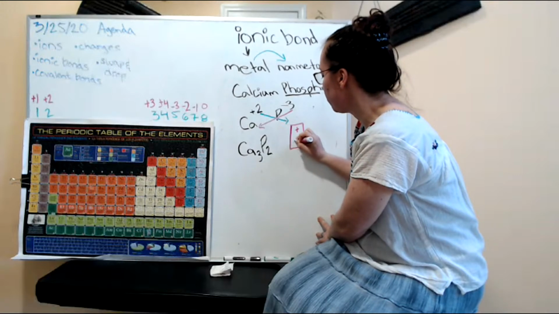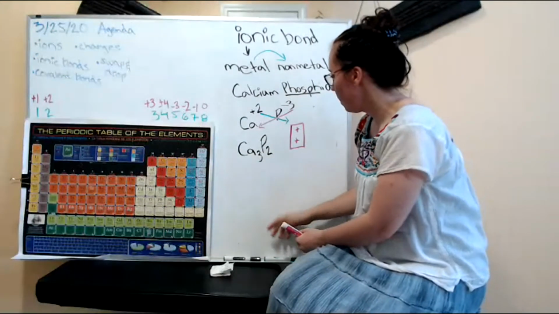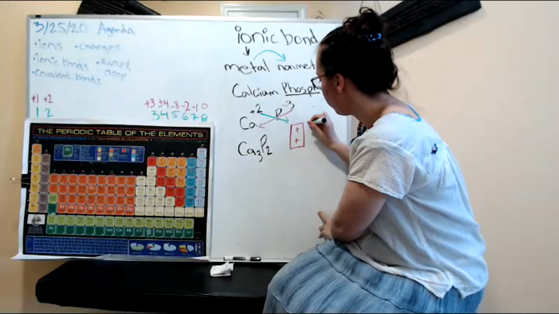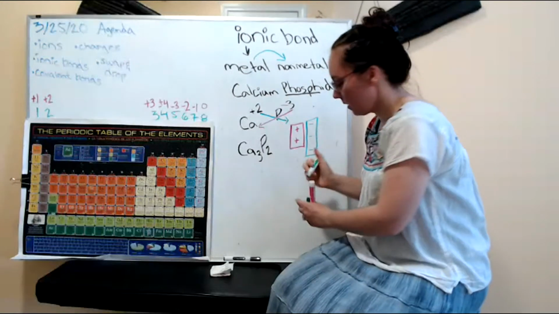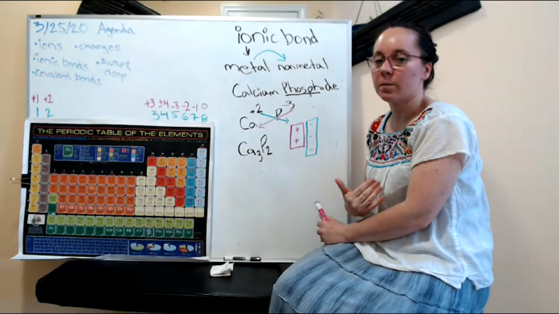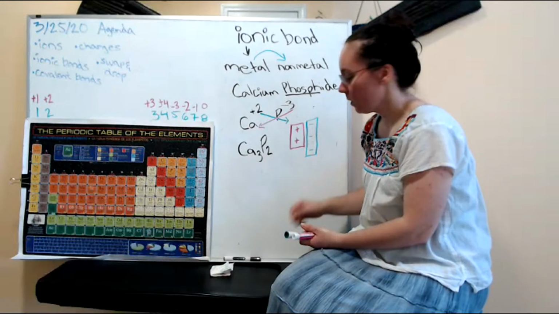So 1 calcium has 2 electrons that it can give away. Now, 1 phosphorus atom has a -3 charge, meaning that it needs to accept 3 electrons to have its octet.